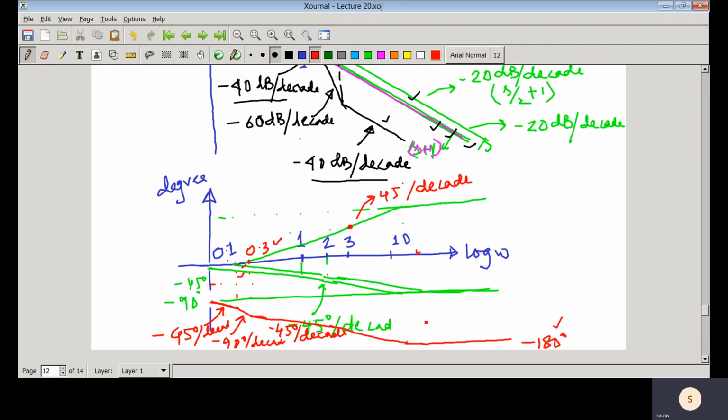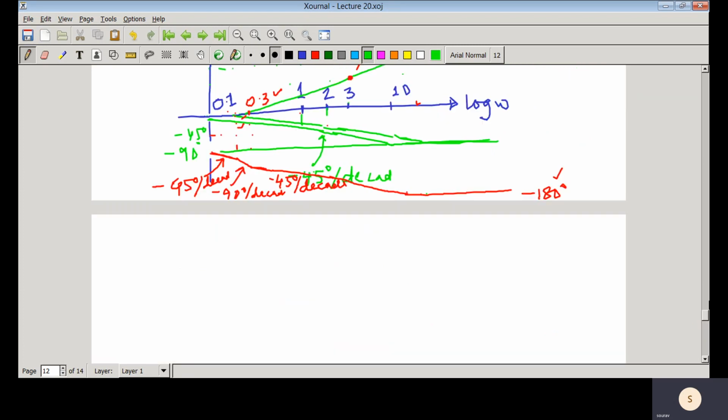From this plot you can do it very clearly, because the first one starts from 0.1 to 10. Then the second one ends at 11. And then the third one, 0.3, ends at 13. So accordingly you can find what would be the slope, and finally at what point it comes to minus 180 degree. It can be done easily.